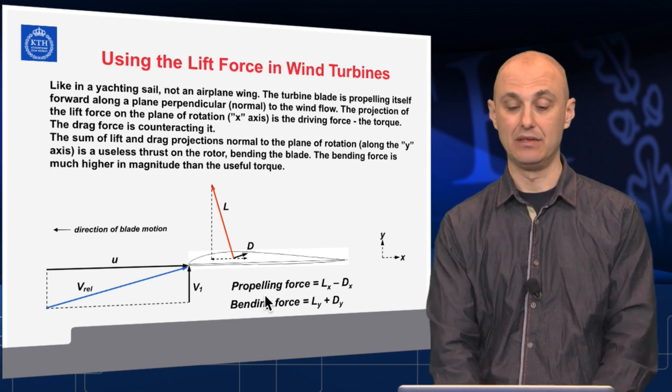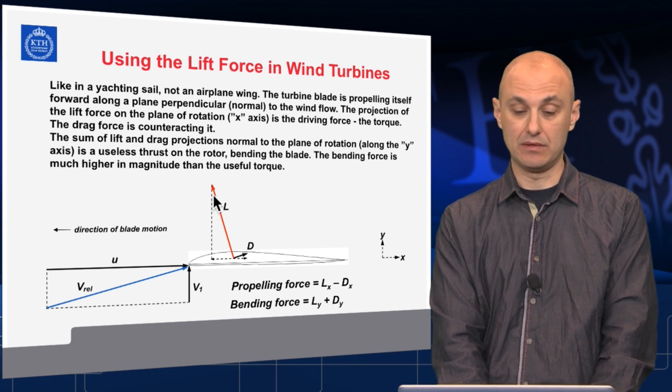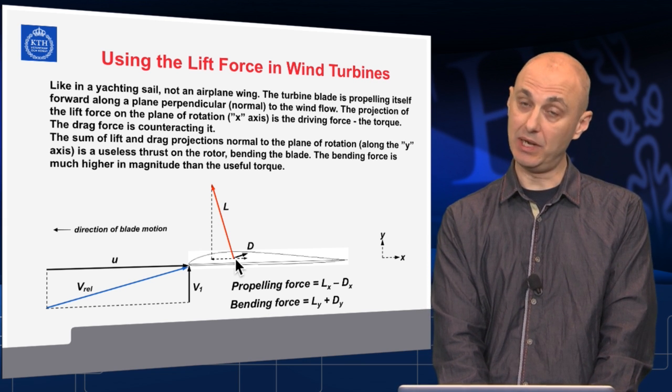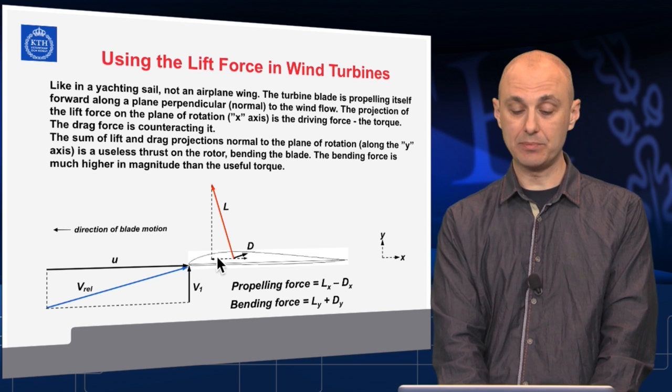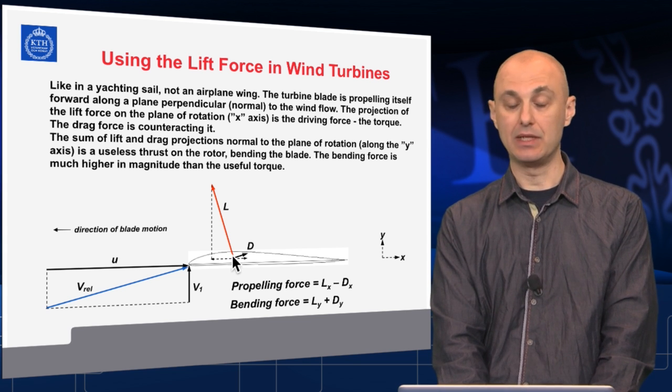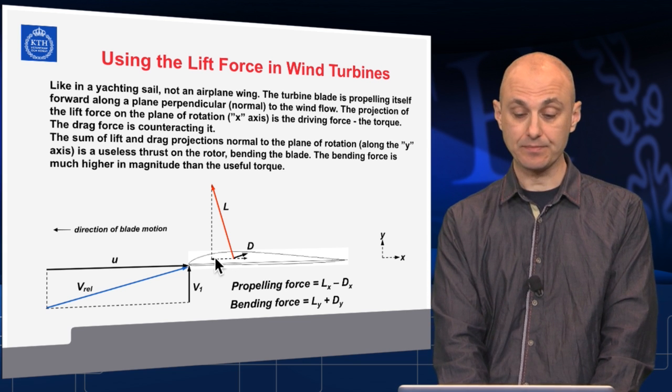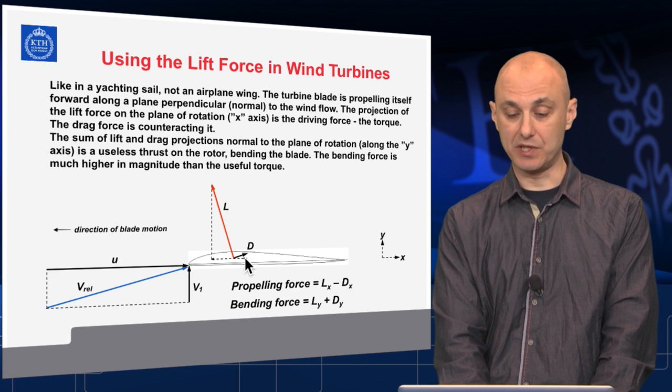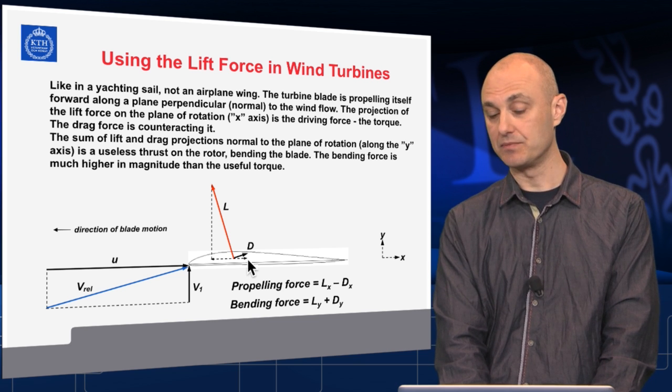However, notice that the lift force is still the propelling force for us, but it's only the projection of the lift force on the plane of rotation that would actually propel the blade. The drag force projection would be the stopping force.